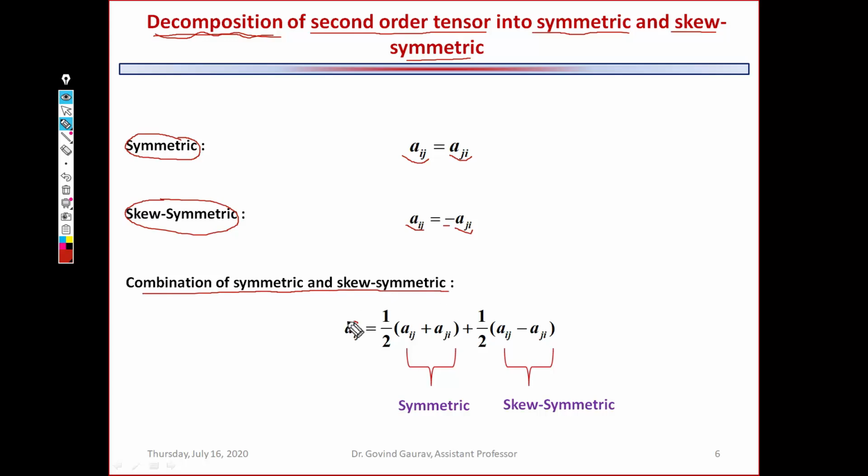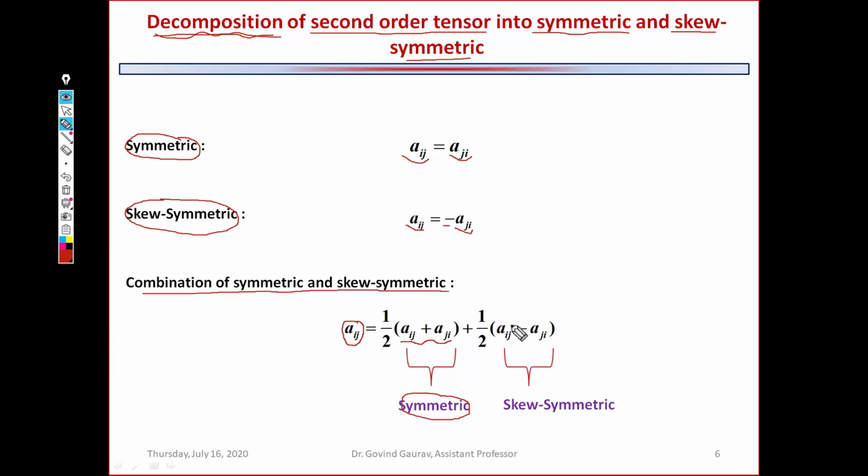So if we have a second order tensor in the form of a subscript ij, and we are interested in decomposing it into two parts, the first part would be symmetric and the second part would be skew symmetric. This part is the symmetric part because aij is equal to aji, which is written over here.